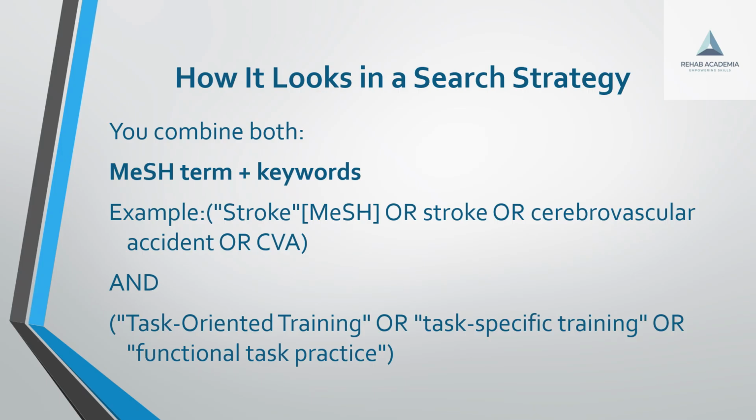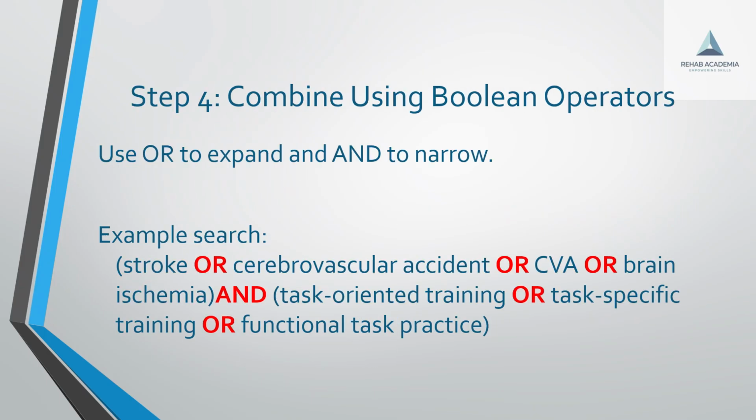How it looks in a search strategy. When you combine both MeSH term and keyword, it will look like this with Boolean operators, which I will discuss in the coming slides. So now organize your terms. Similar terms are connected with OR, and different concepts are connected with AND.